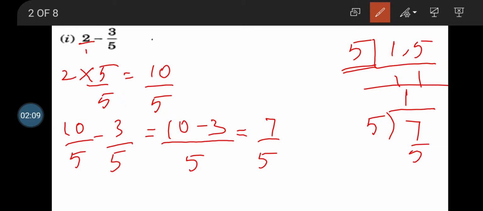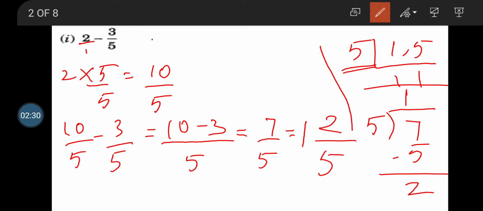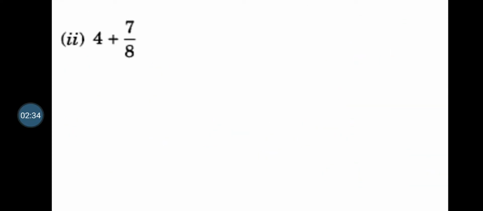And if you subtract 7 minus 5, you will get 2 as remainder. So for the mixed fraction, write the quotient here, the remainder in the numerator and the divisor in the denominator. So the final fraction is 1 2 by 5. That's the answer.